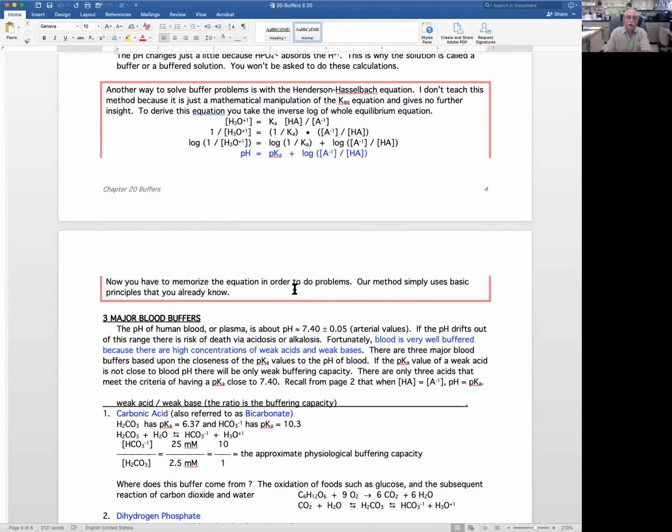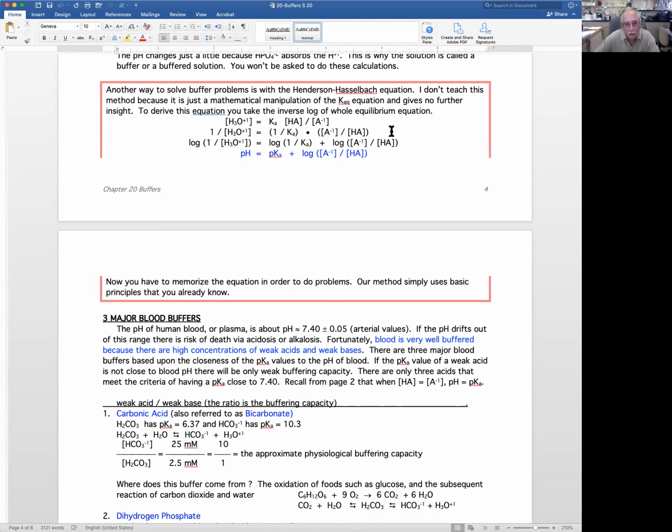So this is in a red box. I don't want you to memorize how to do this math or anything, but I'm going to show you the derivation of the Henderson-Hasselbalch equation. So here's the equation that we were using to solve all of our buffer problems, right? If I take this equation and I invert it, I just do the 1 over x function, I get this.